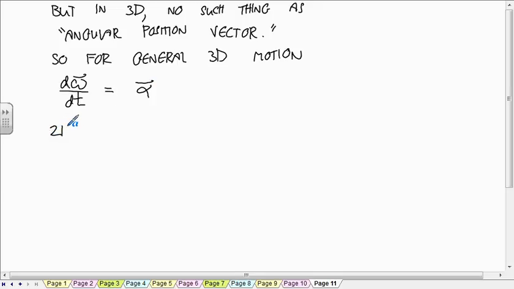You have to be careful with cylindrical and spherical coordinate systems when you're taking derivatives, because those are non-inertial coordinate systems, because the axes are rotating with the object.